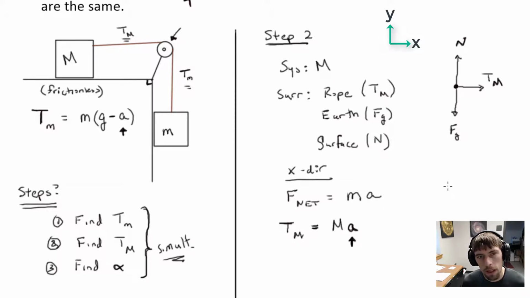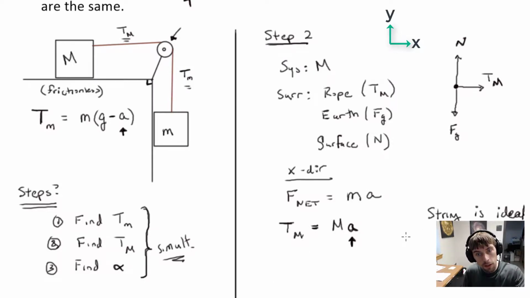Even so, why can I say that those 2 accelerations are the same? What assumption have I made? Haven't explicitly stated it, but what assumption am I making here? We are assuming the string is ideal. By assuming that the string is ideal, we are assuming that it doesn't stretch.